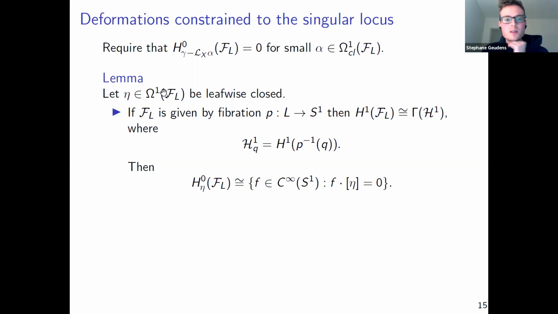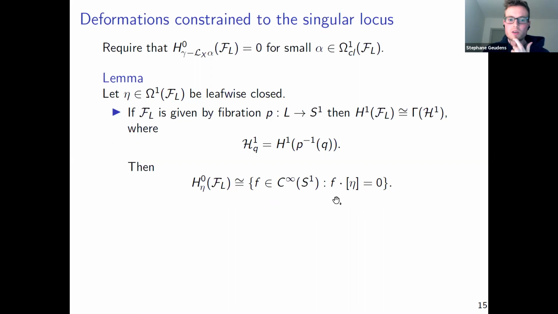Now if eta is closed, then it defines a class in H1, or correspondingly a section of this vector bundle H1. And it turns out that this H0 twisted by eta is isomorphic with the space of functions on the base S1 for which the product with this section defined by eta is 0.